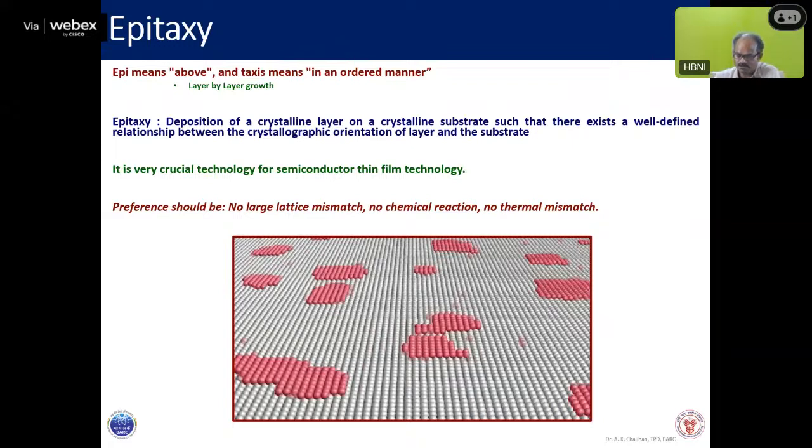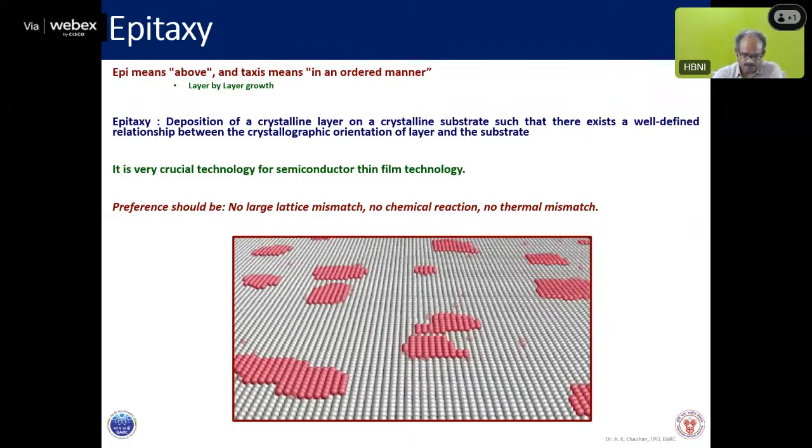Suppose you want to deposit one layer over the other layer in the crystalline form only. It is a very crucial technology for semiconductor thin film technology, because the size of devices, or you can say the thickness of these, are very critical.